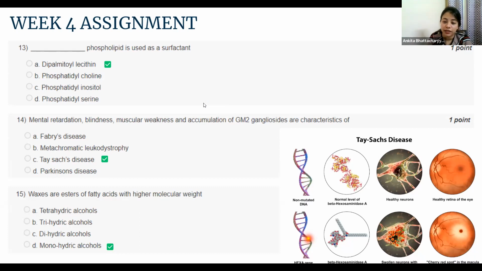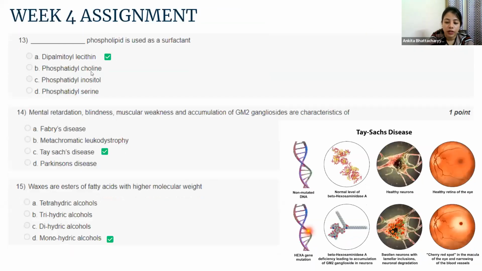If you look at the right in the diagram, you'll see non-mutated versus gene mutation in the HEXA gene, which is leading to beta hexosaminidase A deficiency, which leads to GM2 ganglioside accumulation. Neurons end up swelling, and it leads to a cherry red spot in the macula that leads to narrowing of blood vessels. So that's what we see.